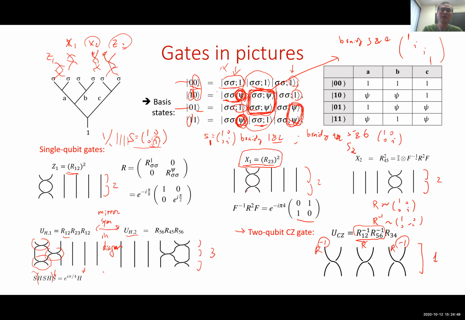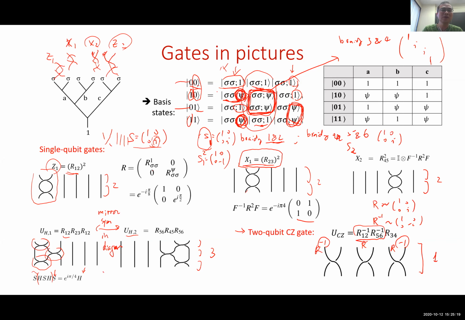Okay, if you understand the phase gate, this i phase gate, we call it S. If you square that, this is the Z gate, right? So this means doing it twice. If you do the braiding 1 and 2 twice, this is what this diagram indicates. You do it twice, it's a logical Z gate on qubit 1, right?